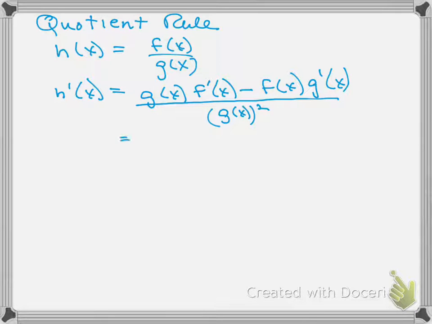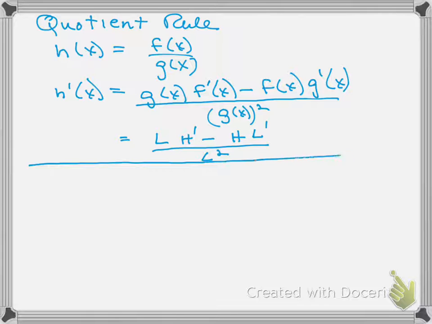Okay, so what did I do? I did low d high minus high d low over low squared.